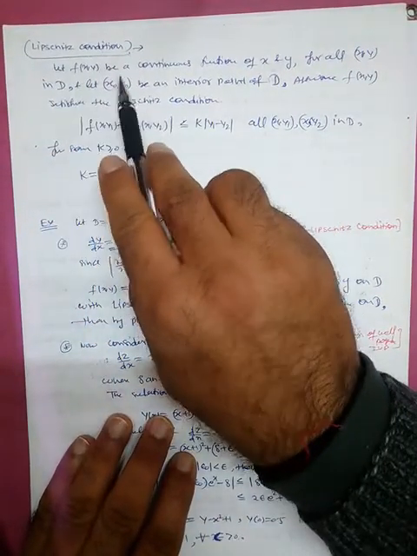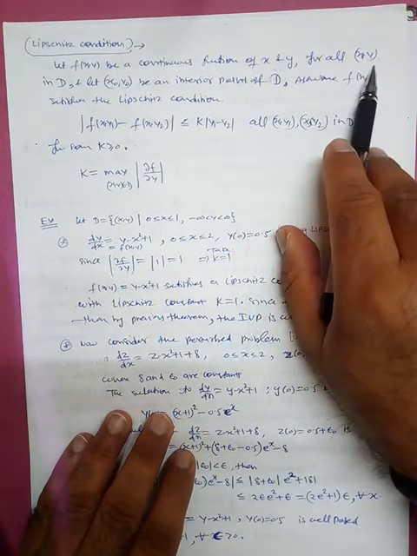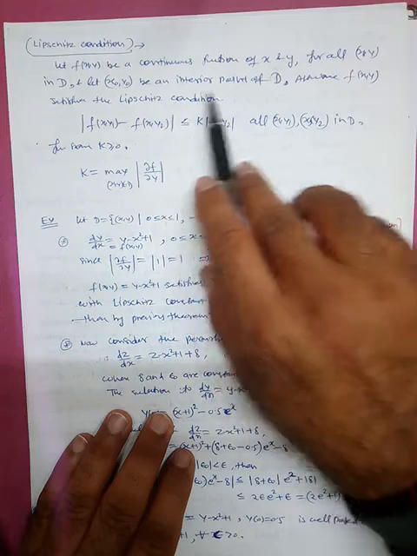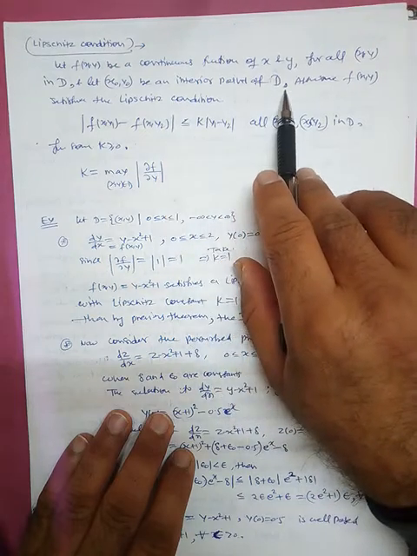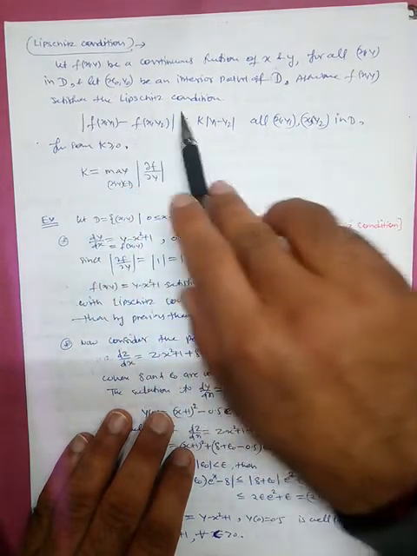So let f(x, y) be a continuous function of x and y for all (x, y) in domain D, and let (x0, y0) be an interior point of the domain D, and assume that f(x, y) satisfies the Lipschitz condition.